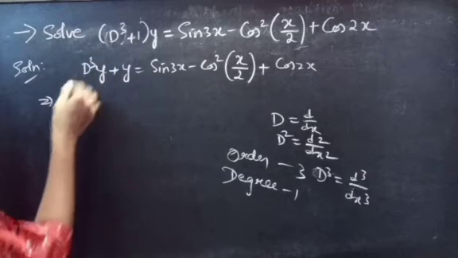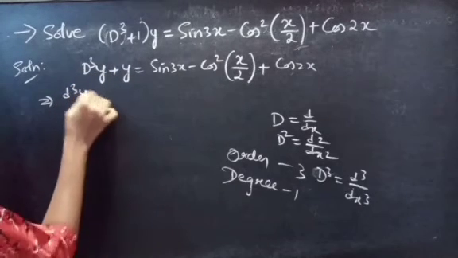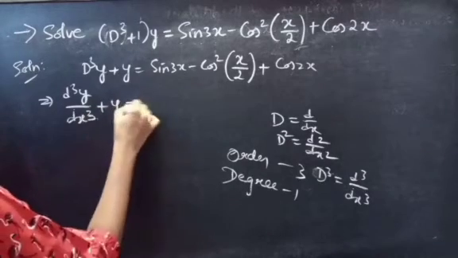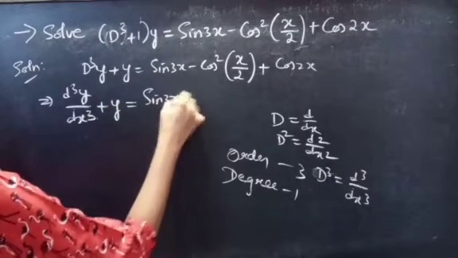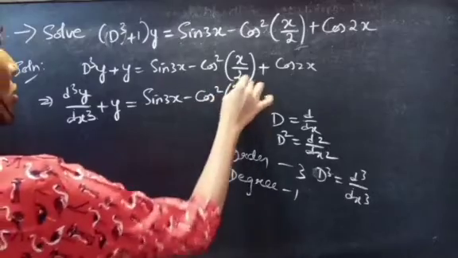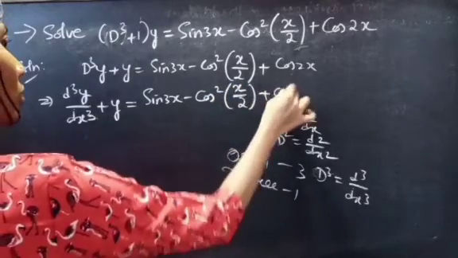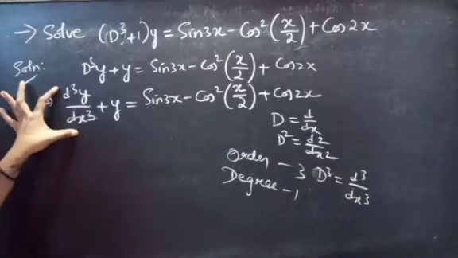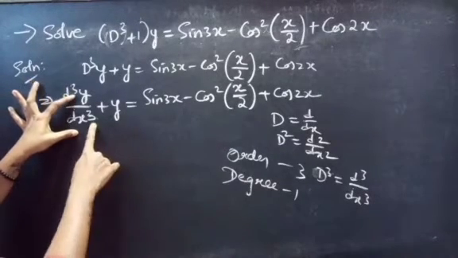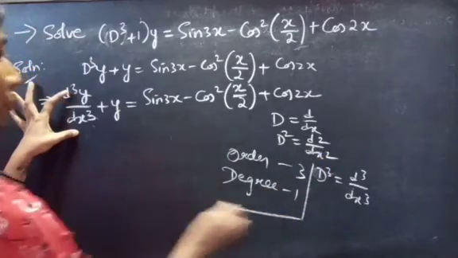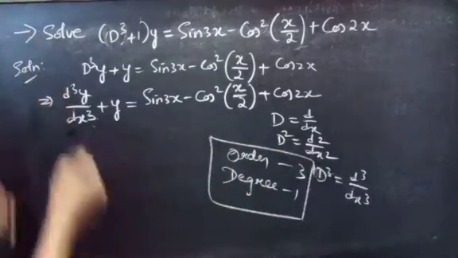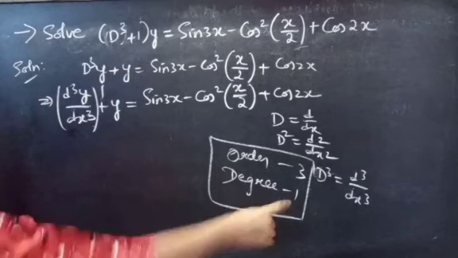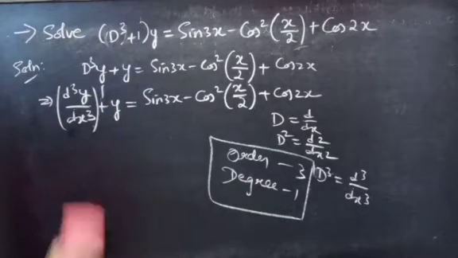Now we can write D^3 y as d^3y/dx^3 + y = sin 3x - cos^2(x/2) + cos 2x. Here d^3y/dx^3 is the highest derivative, so our order will be 3. And the highest power of the highest derivative is our degree. Degree is 1. Right? Now coming to the problem.